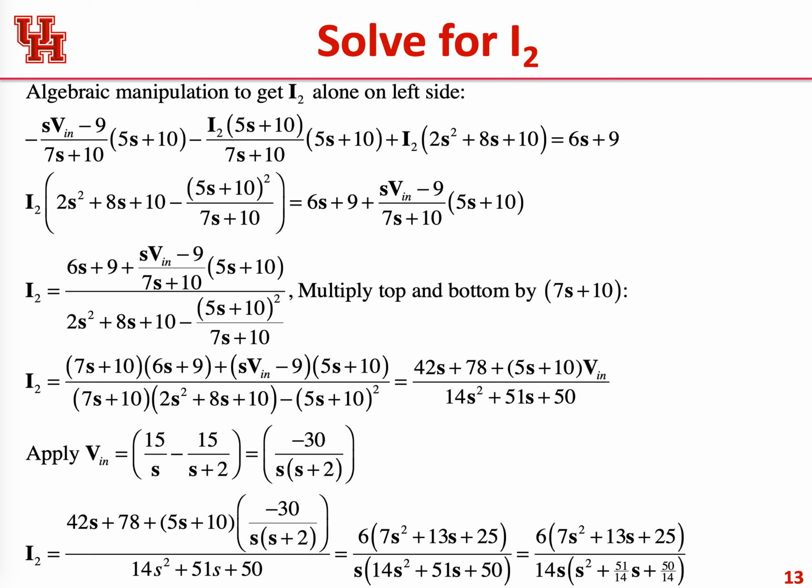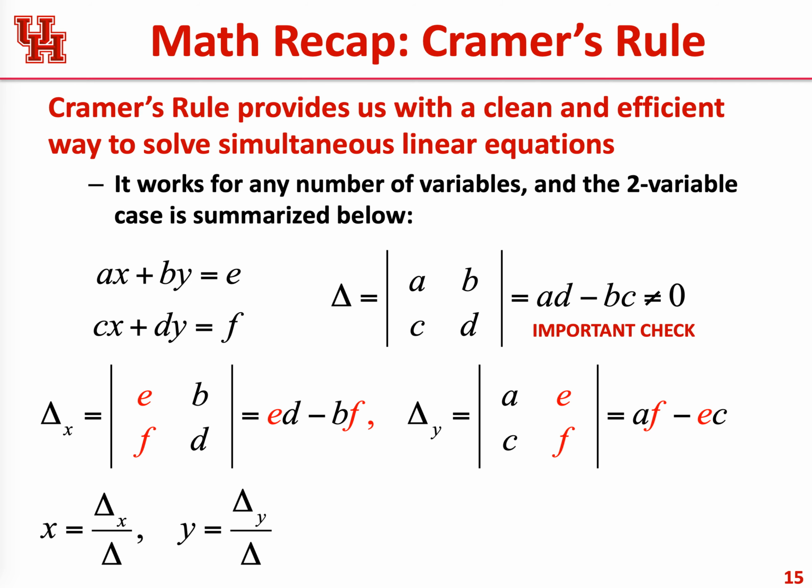So let me put this note aside for a little while, and let's talk about what's known as Cramer's rule. Cramer's rule is something you may have encountered in your math class. Basically, given two equations, say ax plus by equals e, and cx plus dy equals f, what we first do is form what is called the determinant for the unknowns, the x and the y.